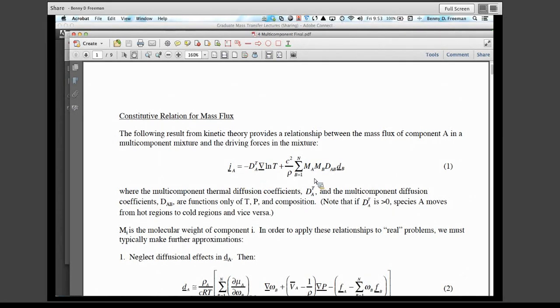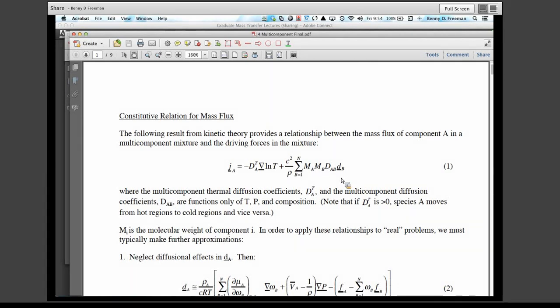The second term that is written here includes the molar concentration and the mass concentration of a mixture of interest. It includes a sum over all of the components of the molecular weight of species A, as well as the molecular weight of all the other components, the binary diffusion coefficients, or excuse me, the multi-component diffusion coefficients D_AB, and also the generalized driving force d sub B, which has a subscript which is underlined.